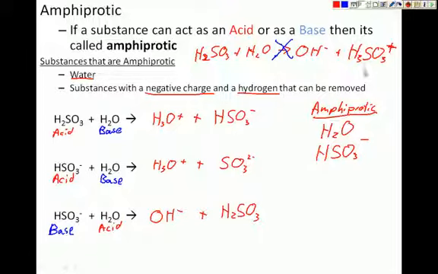H3SO3 plus is just too unstable, and therefore it is pretty much impossible for that to be created. So our amphiprotic substances in these examples right here are H2O and HSO3 minus.